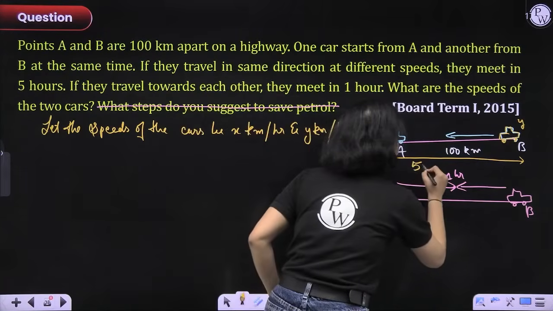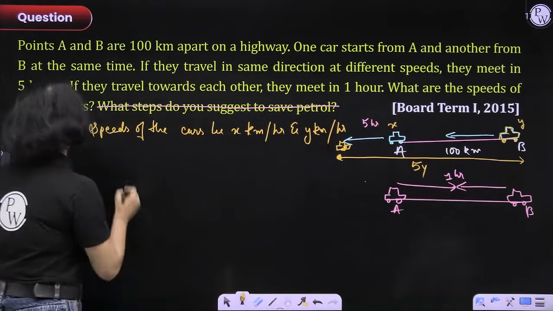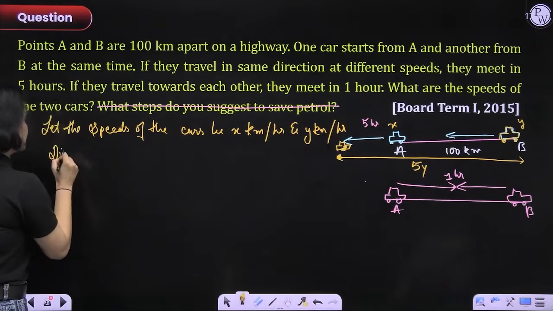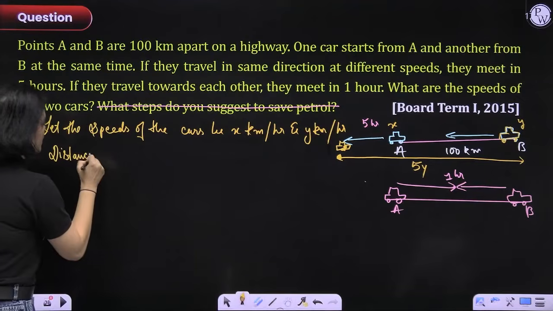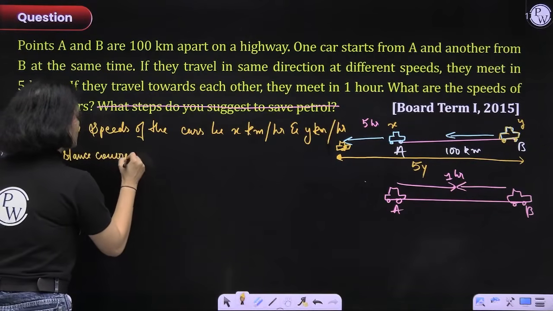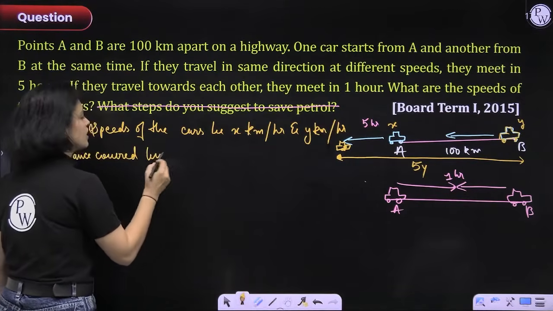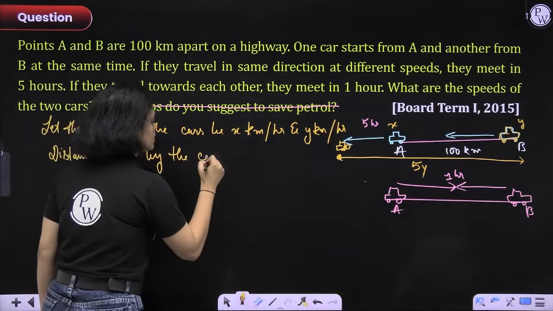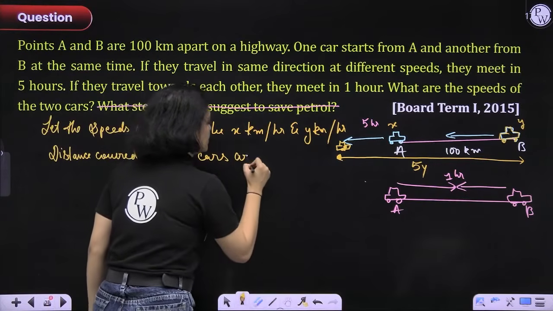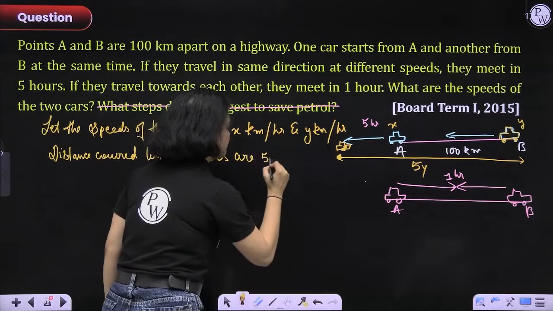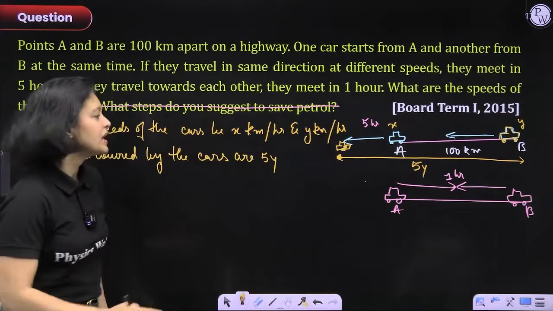Do you agree? I'll write it here. Distance covered by the cars: first I'll write for the Y one, 5Y.